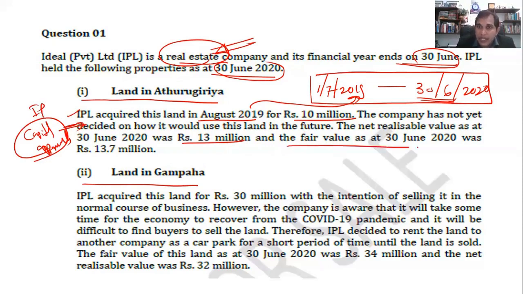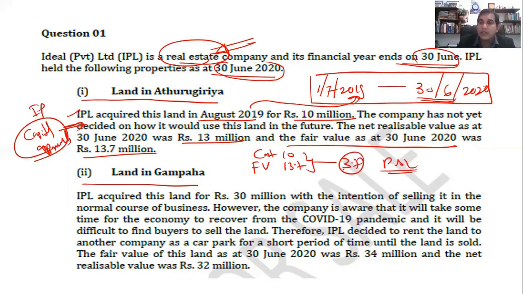And the fair value as at 30th June 2020 was 13.7. The cost is 10 million. Fair value is 13.7 million. The difference between these two, 3.7, should be charged into P&L, because this is an investment property.